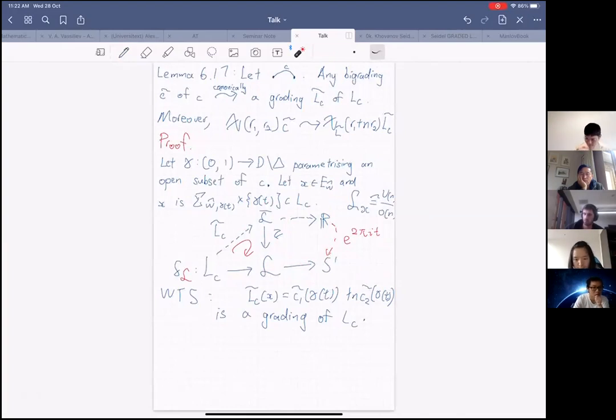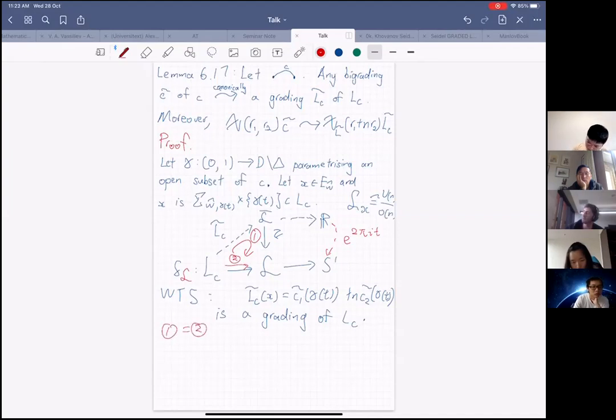Okay, so let's do some computation. Let's denote this as 1 and this as 2. We want 1 equals 2.